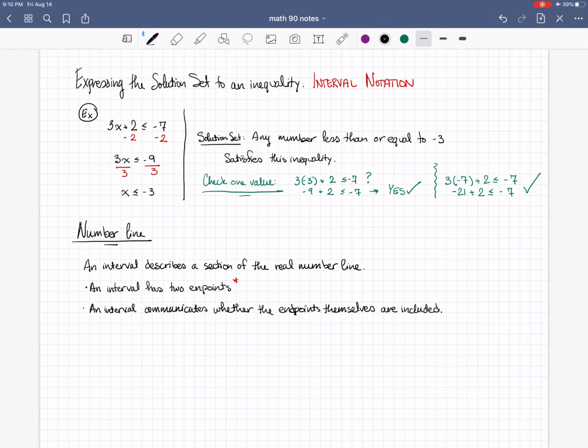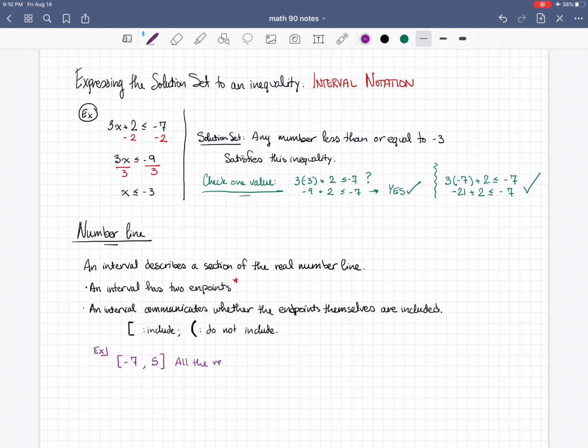How does it do that? Well, a square bracket means that we include the endpoint, and a round bracket or a parenthesis means we do not include. So for example, the interval from -7 to 5 with brackets on either end is the interval of all the real numbers.